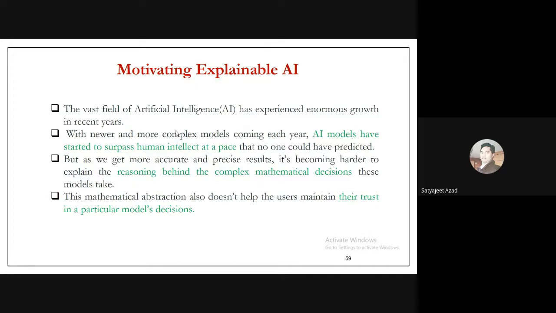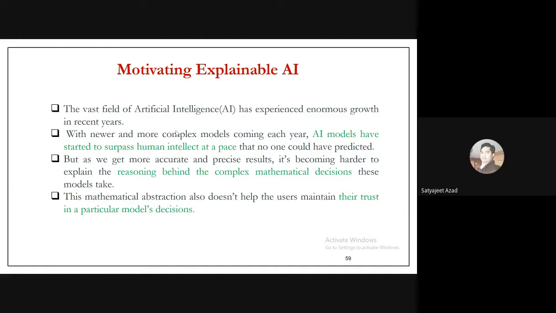That is why explainable AI comes in, and mathematical abstractions also don't help users to maintain it. With GDPR regulations, most enterprises and data analysts dealing with AI and ML are asking for explanations of how AI models are coming up with certain decisions.